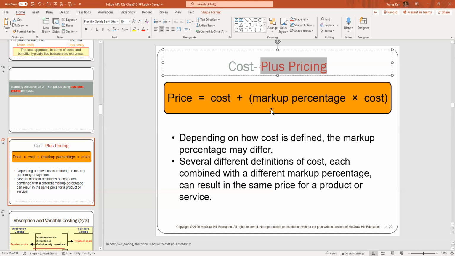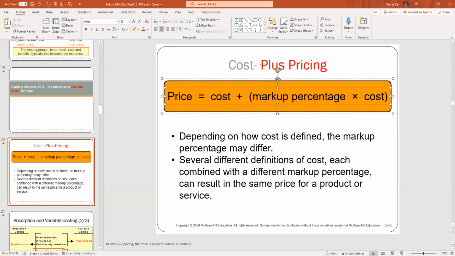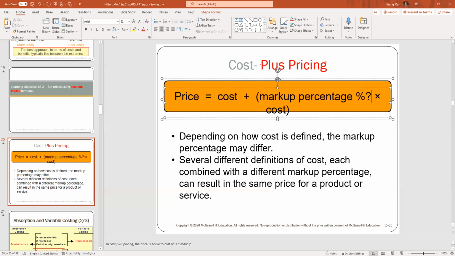But when you work on the details, normally you come up with two questions. How much is a reasonable markup? Mostly we use a percentage. And how do you define the cost?